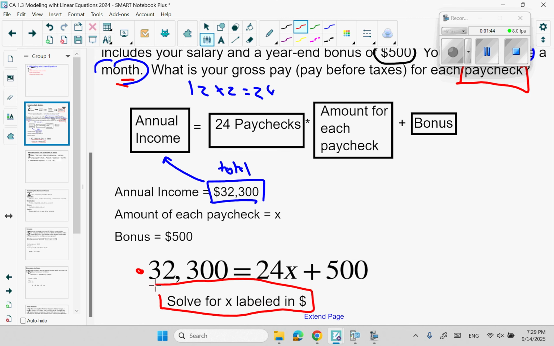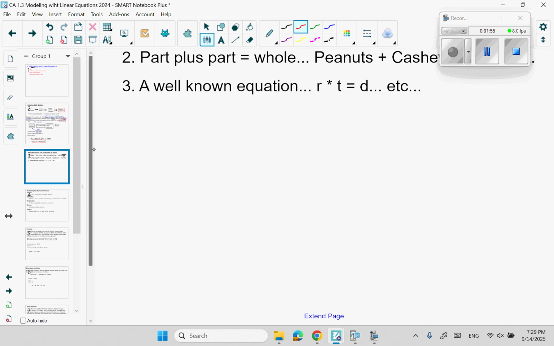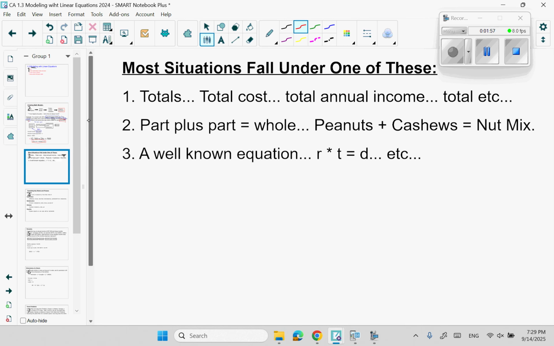Once you get your equation written down and solved for, or at least expressed, the process turns into a normalized equation. So the main situations you have to look out for: totals where equals something, you're doing some sort of representation of everything to the right-hand side. Part plus part equals a whole. For example, peanuts and cashews.